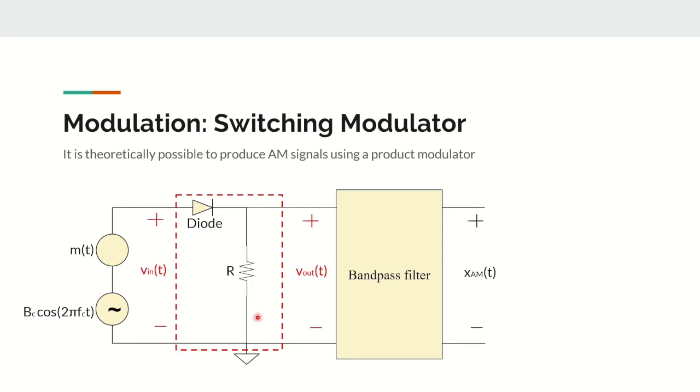We want to assume that the amplitude is large enough so that the diode acts as an ideal switch. So we want to say that our cut-in voltage of our diode is going to be negligible. And how we accomplish this is we make the amplitude of our carrier significantly larger than the amplitude of our message, so that the switching of our diode is almost completely controlled by our carrier term.